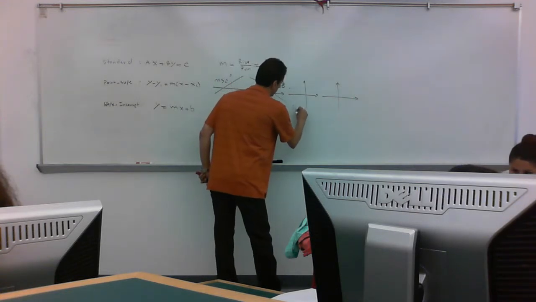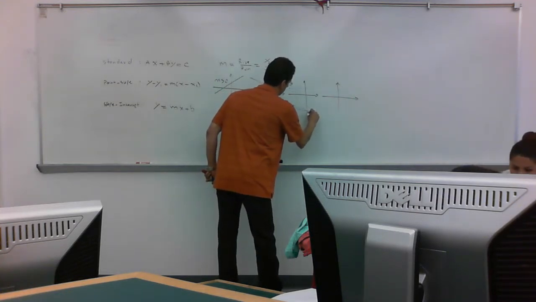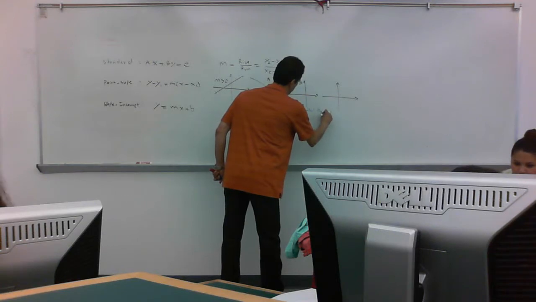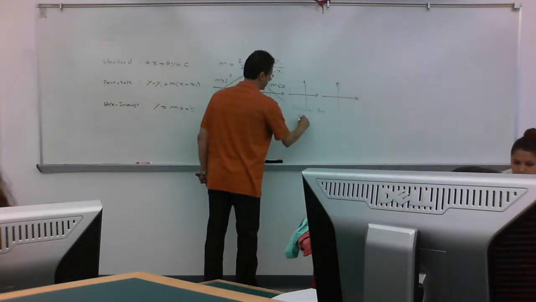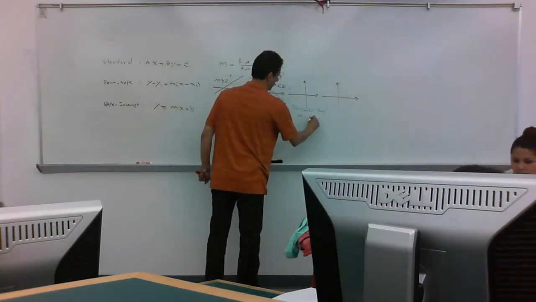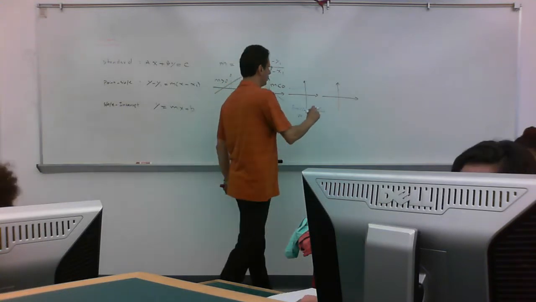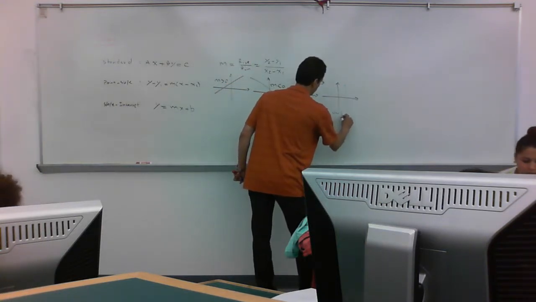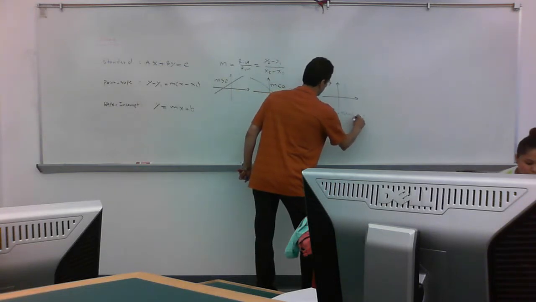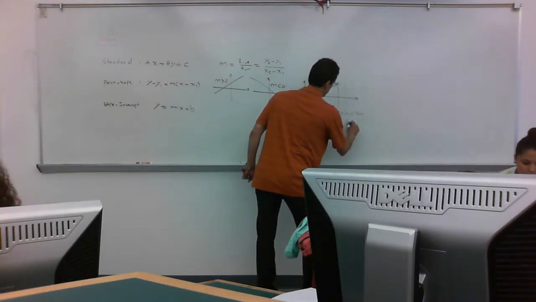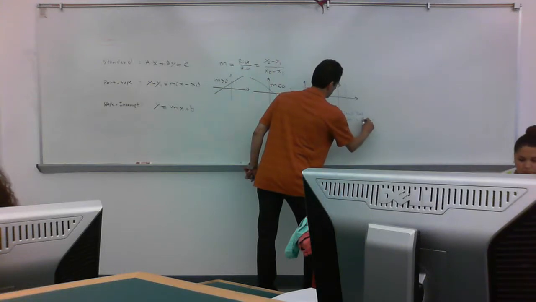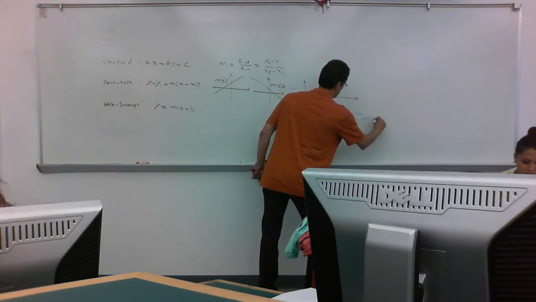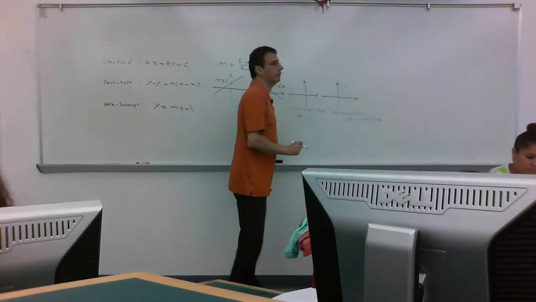What's going on with the horizontal line? The slope is 0. And we also have a vertical line. Slope is what, everybody? Undefined.